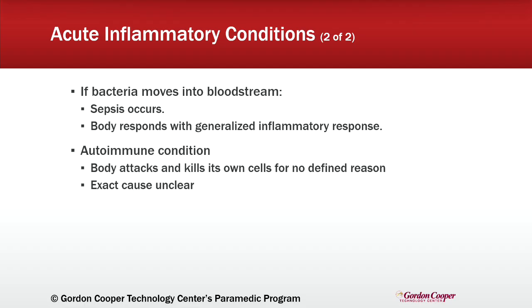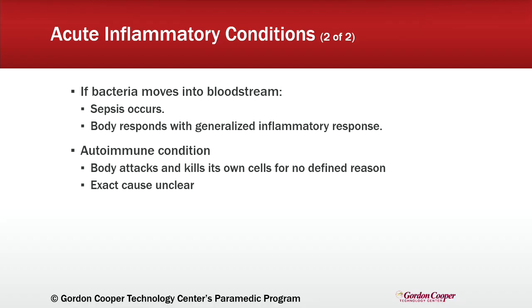So bacteria enters the bloodstream, starts to cause sepsis, and the entire body begins to have an inflammatory response. And this response can actually begin to damage healthy tissues and organs. In severe cases, it can even be life-threatening or even fatal. Many GI diseases are linked to this inflammation or this system-wide inflammatory response.